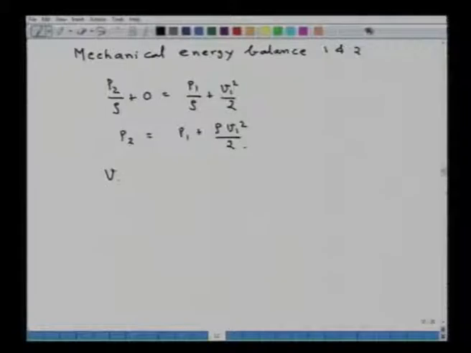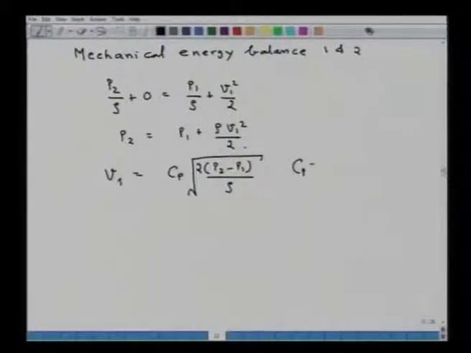So, from here V1 is equal to square root of 2 times P2 minus P1 upon rho, and in fact we multiply by Cp, the pitot tube coefficient.